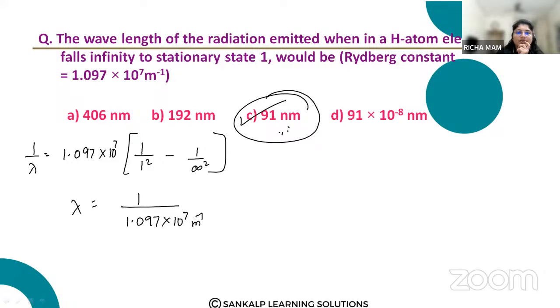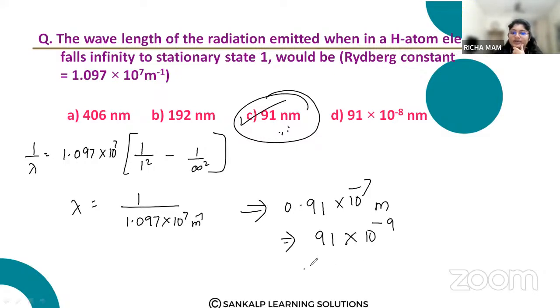Now you see, 1 divided by 1.097, I got 0.91, so 91 into 10 raised to minus 7 meter, which is 91 nanometer. So option number C. Understood now? I hope it is clear.